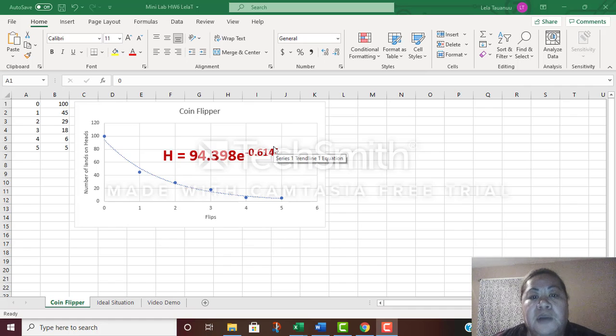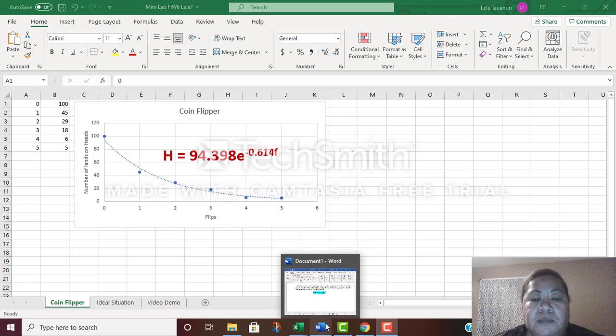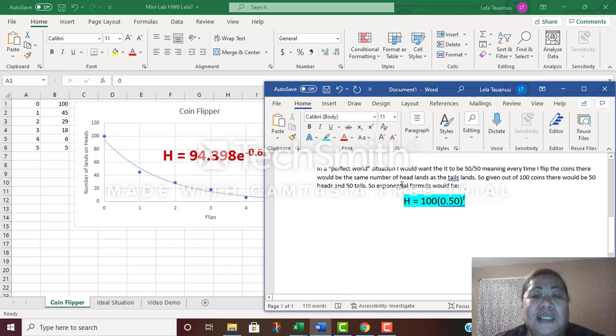Now, the second part of our homework was, if we were to live in a perfect world, what would our ideal equation be? In a perfect world, I would want a 50-50 chance on the amount of coins that I flipped, meaning that if I flipped 100 coins, I would want 50 heads and 50 tails, the equal amount for each flip, and so on and so on.